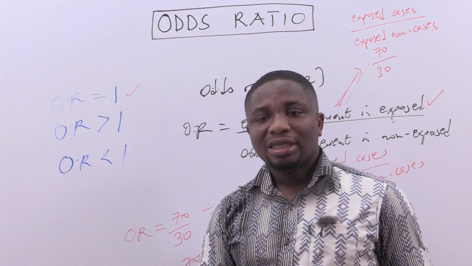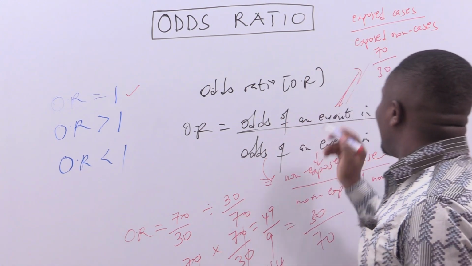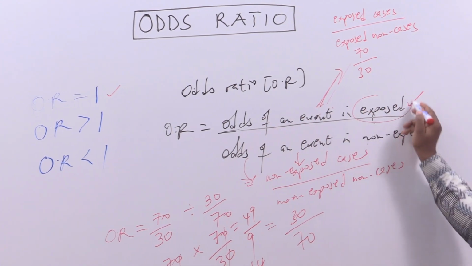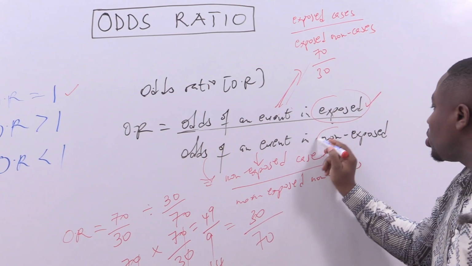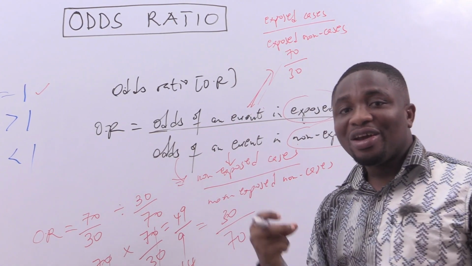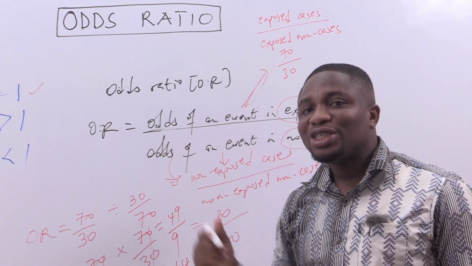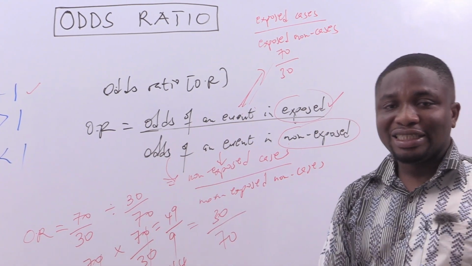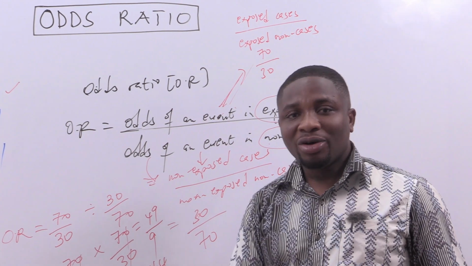What that means is that if you take the exposed population and the non-exposed population, the odds of an occurrence of a disease is going to be equal in the exposed and the non-exposed.